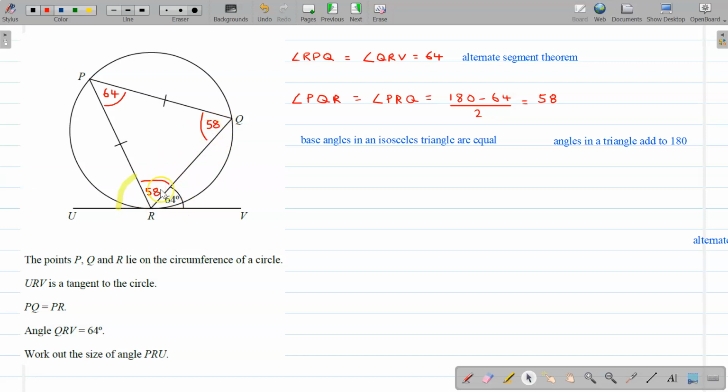I could also use the fact that I've got three angles on a straight line, and either way this one would work out to be 58. That's always reassuring if you can find more than one way of getting the same answer, but I just need to conclude by saying that angle PRU equals 58 degrees, and the alternate segment theorem has been used for that again.